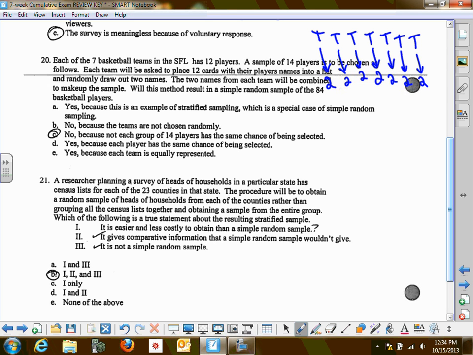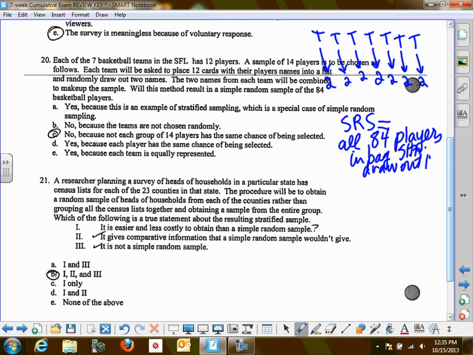describe for me how a simple random sample would look. How would a simple random sample happen? Okay, good. You put all 84 players in a bag, and shake well, and then draw out 14. Okay, now question.